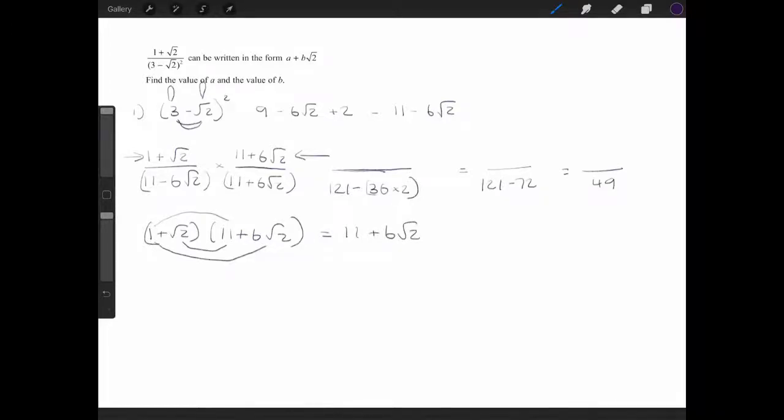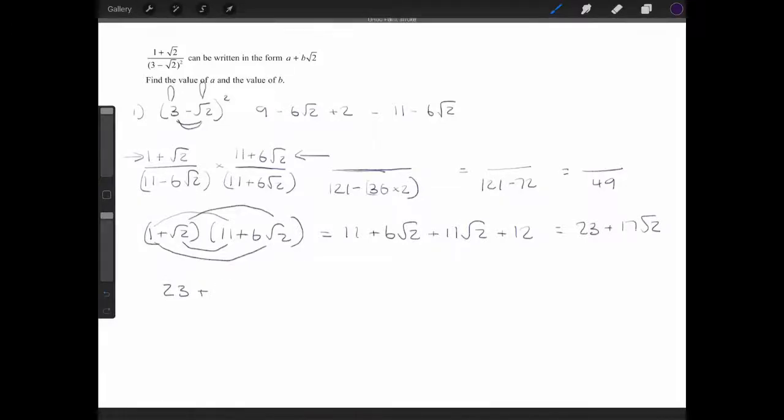Then root 2 times 11, which is going to be 11 root 2. And then root 2 times 6 root 2 is going to be 6 times 2, which is 12. Okay? Simplifying that gives me 23 plus 17 root 2. So my fraction now is going to look like 23 plus 17 root 2 divided by 49.